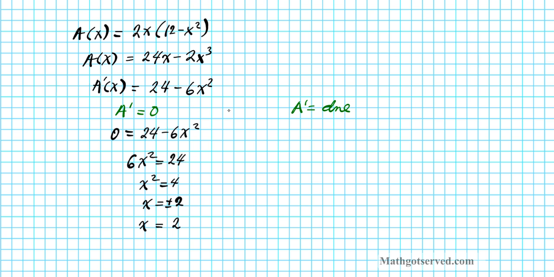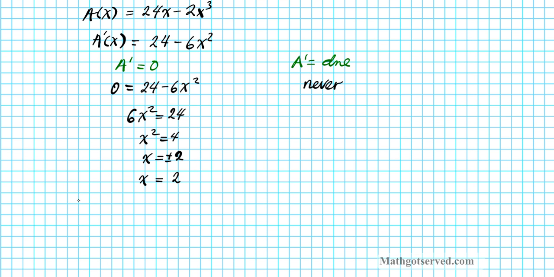So A prime is always defined. If you look at the derivative, it's a continuous function, defined for all real values of x. So when does it not exist? The answer is never. So we have only one critical point.